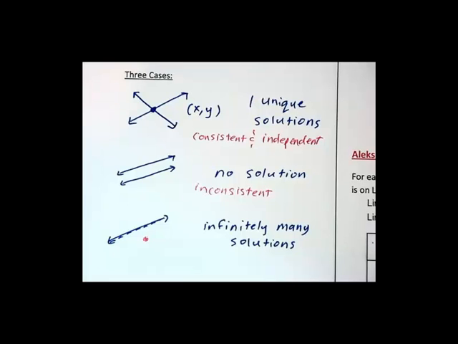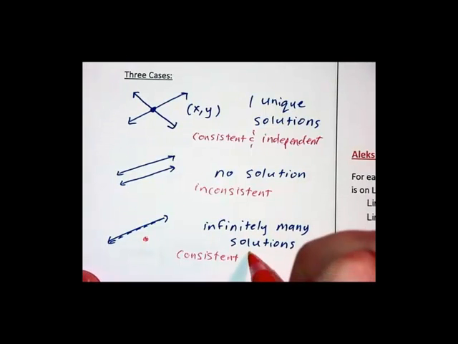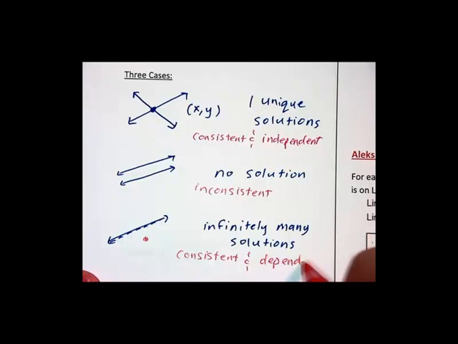When we have infinitely many solutions, yes, that is a consistent system, because there is at least one solution. There's infinitely many. And in this case, we say the lines are dependent upon each other because they actually are the same line. So these are the different cases we can have when we're dealing with these systems.